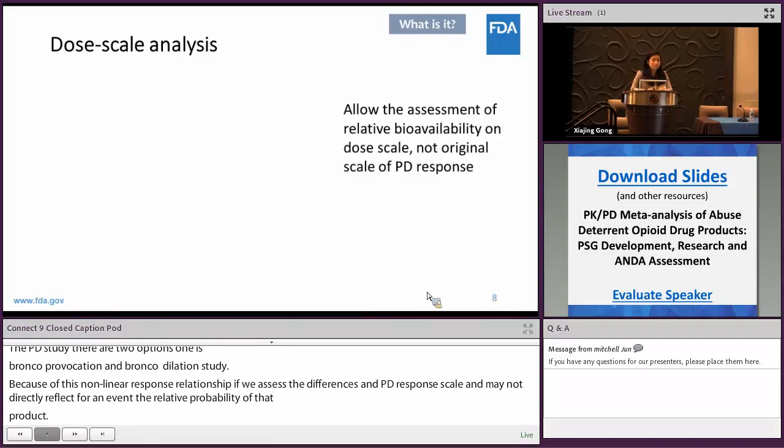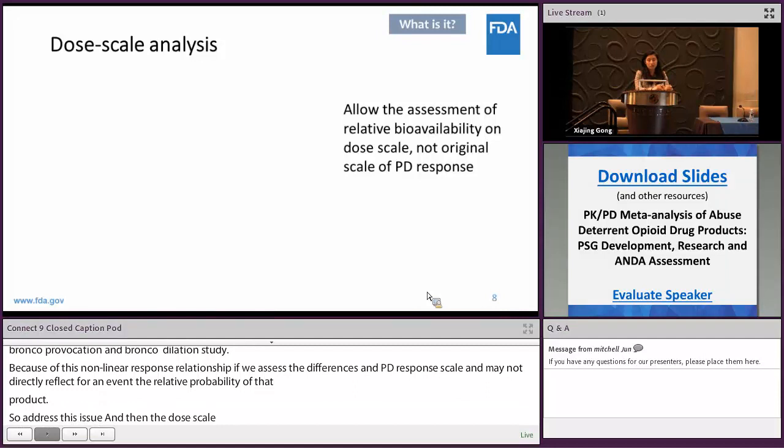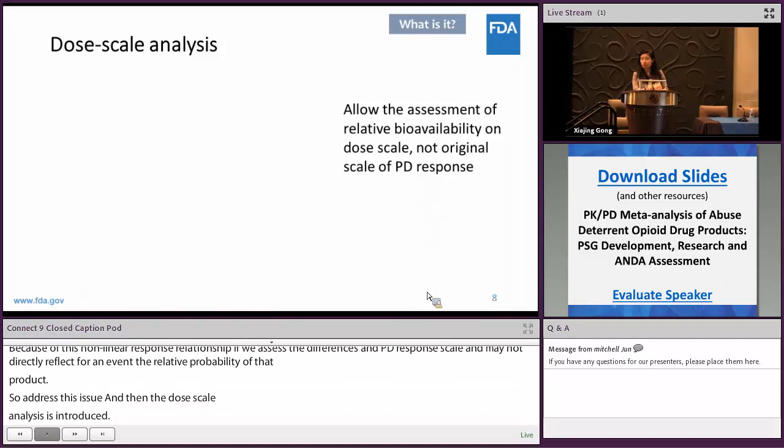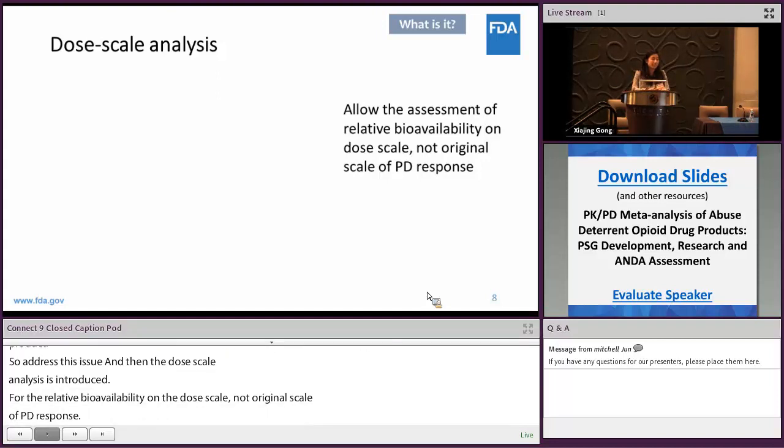Because this analysis translates the nonlinear PD scale measurement to the linear dose measurement scale, the result, if it suggests equivalence, can be used to suggest the equivalence of the amount of drug reaching the site of action.